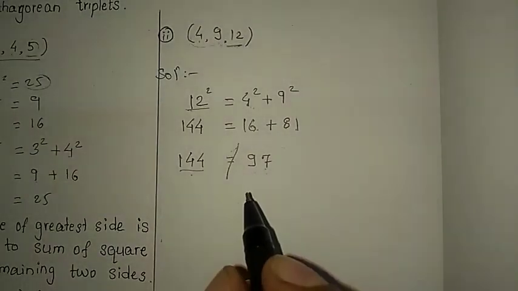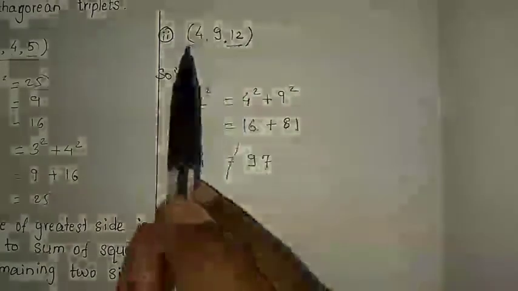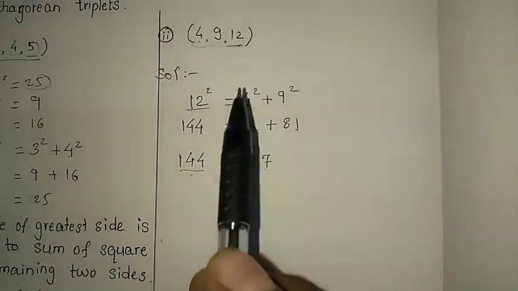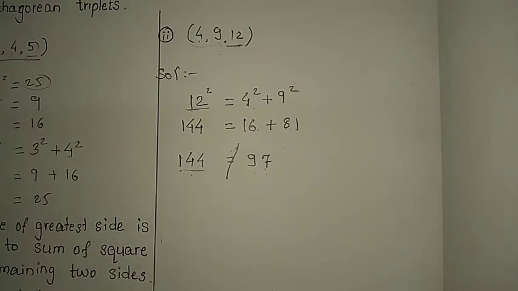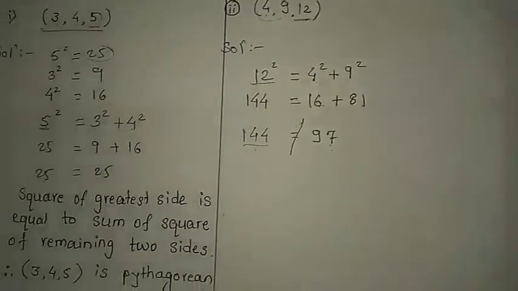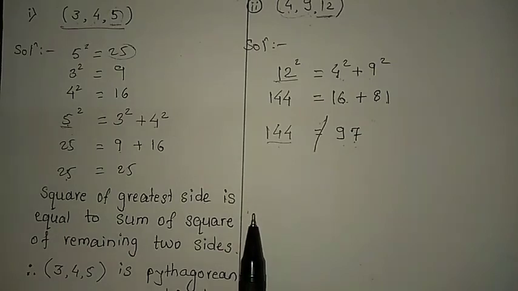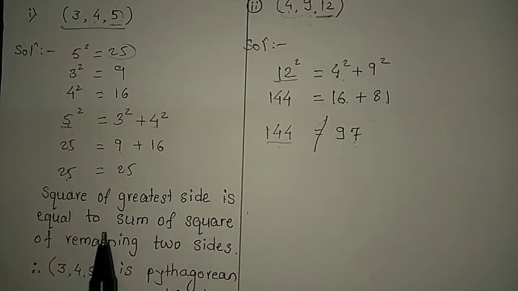So is the given triplet, that is 4, 9 and 12, a Pythagorean triplet? No, it is not a Pythagorean triplet, because what is the reason? What will you write as the reason here? We have written the reason earlier: the square of the greatest side is equal to the sum of the squares of the remaining two sides, therefore 3, 4, 5 is a Pythagorean triplet.